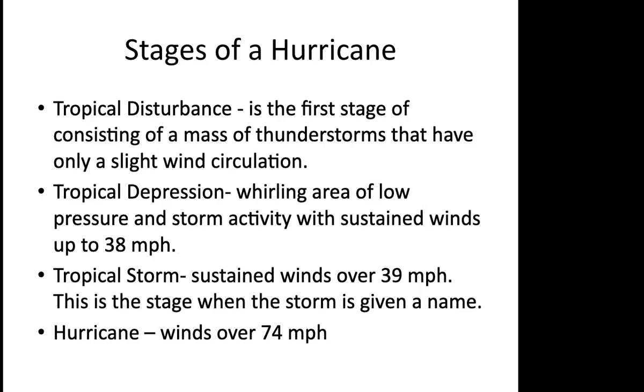The depression is the whirling area of low pressure and storm activity with sustained winds up to 38 miles per hour. The storm is sustained winds over 39 miles per hour. This is the stage when a storm is actually given its name. And then it becomes a hurricane when the winds are over 74 miles per hour, okay?